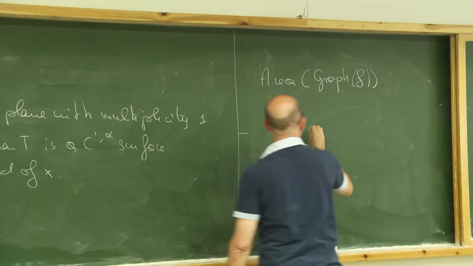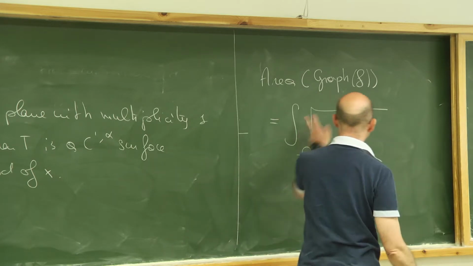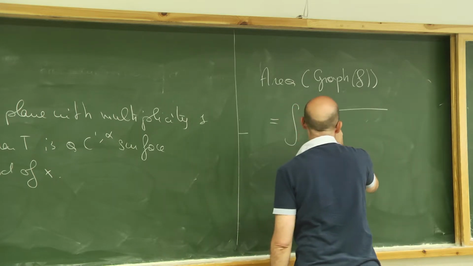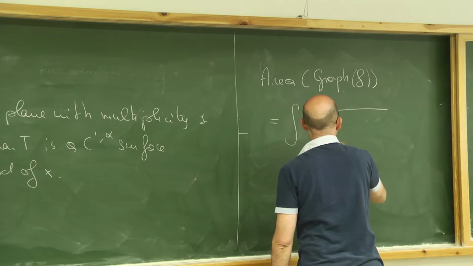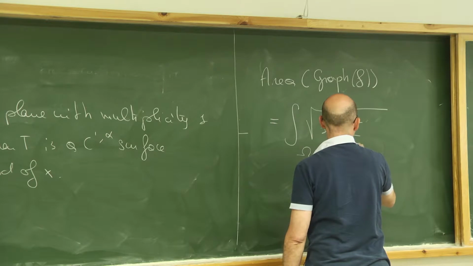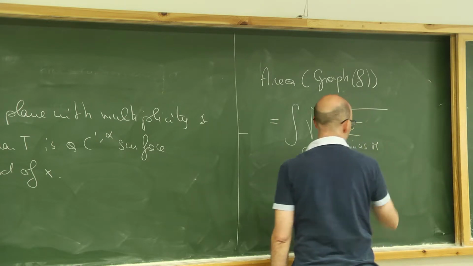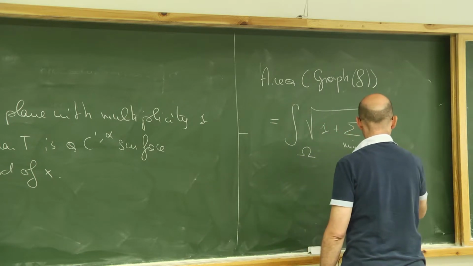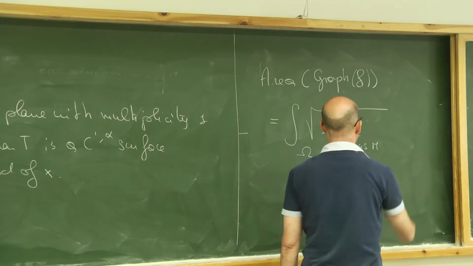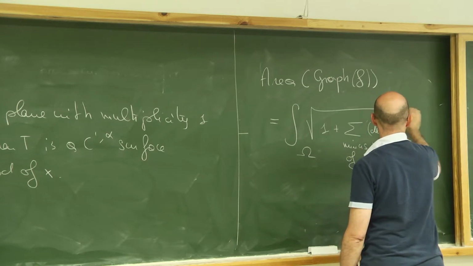is the integral, over the domain of definition, of a complicated functional, which is given by 1 plus the sum over all possible minors M of all possible sizes of the derivative of u, of the determinant of M, squared.